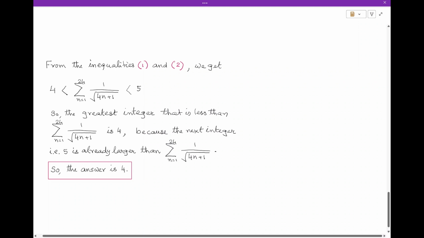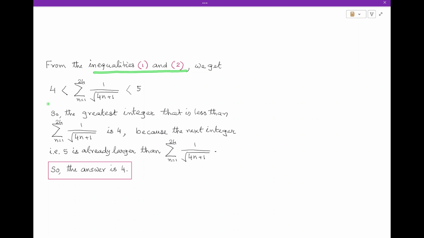From the inequalities 1 and 2, we get 4 is less than the summation of n equals 1 to 24 of 1 divided by square root of 4n plus 1, and that is less than 5.